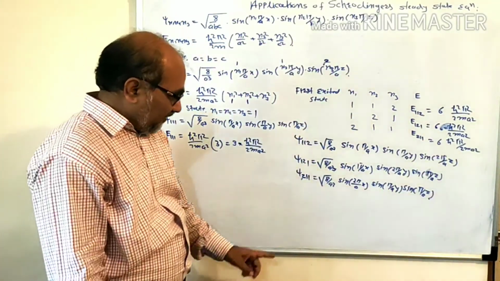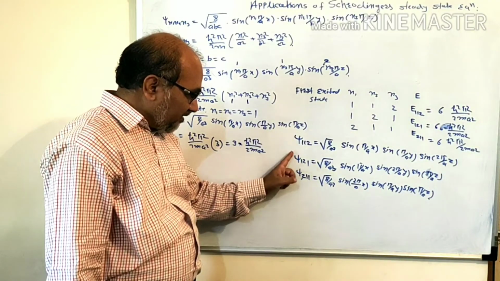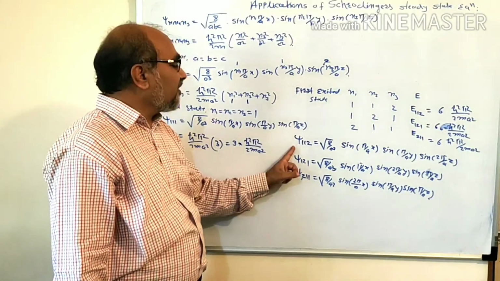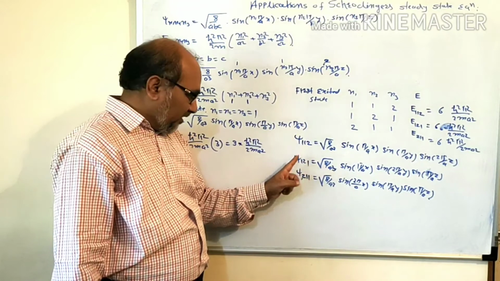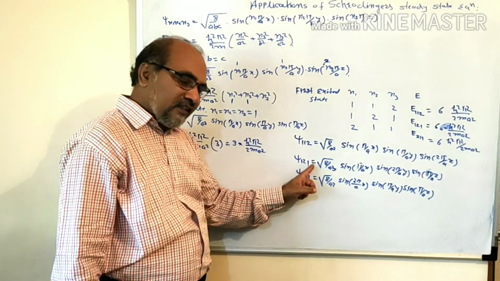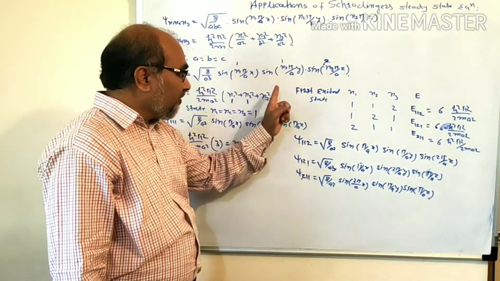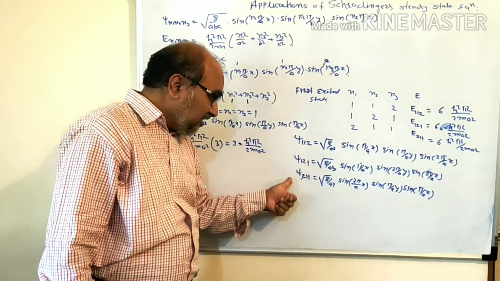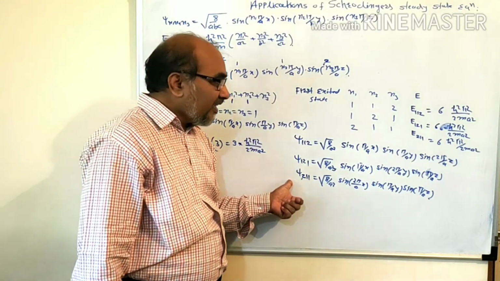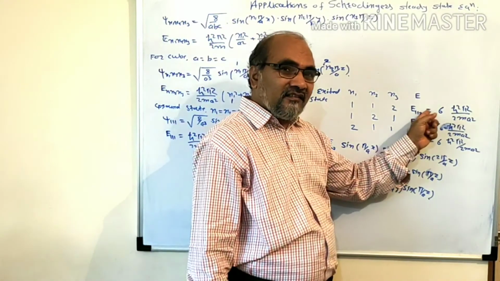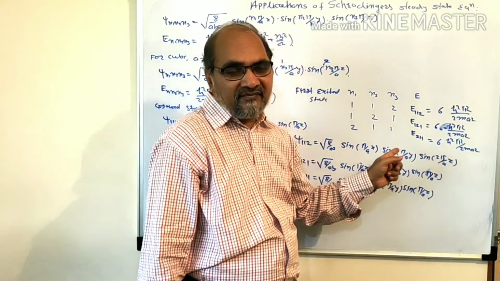Okay, so there are three eigenstates. One is represented as psi 1 1 2, another is psi 1 2 1, and this is psi 2 1 1. So in the first excited state there are three states, whereas the corresponding energy eigenvalue is the same.